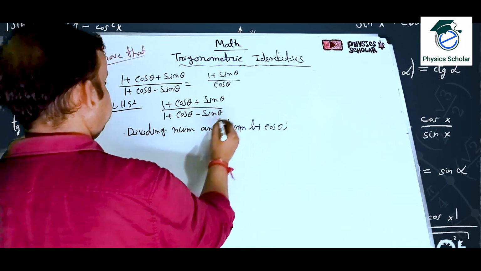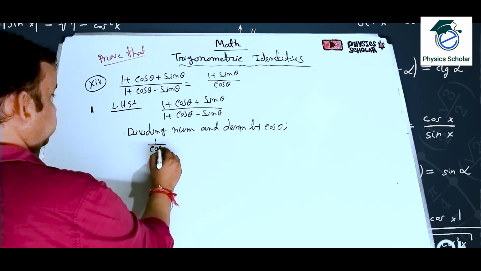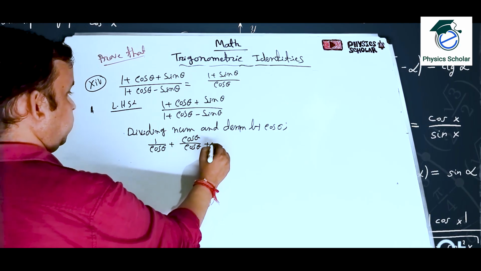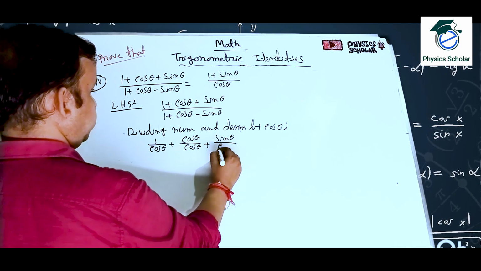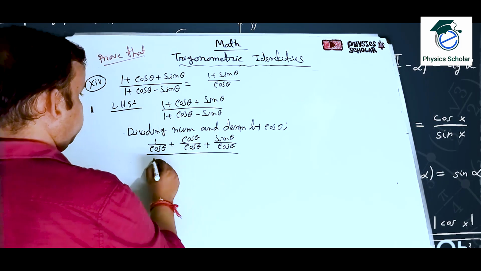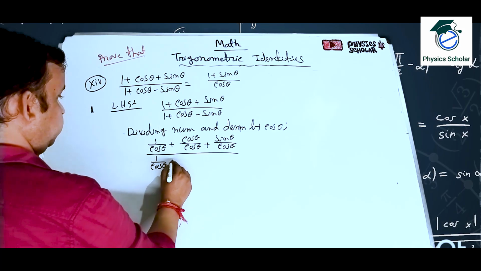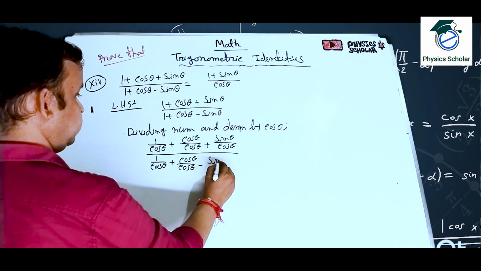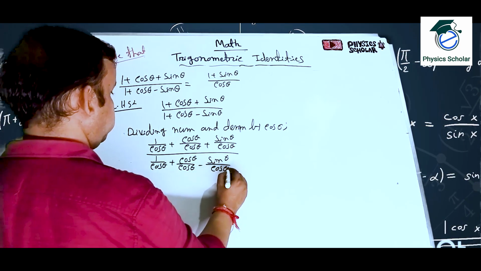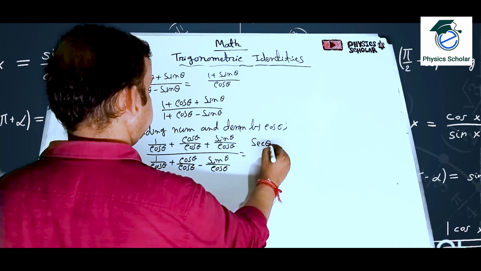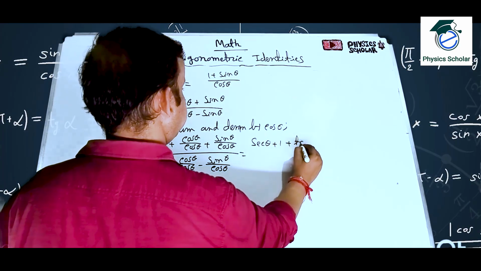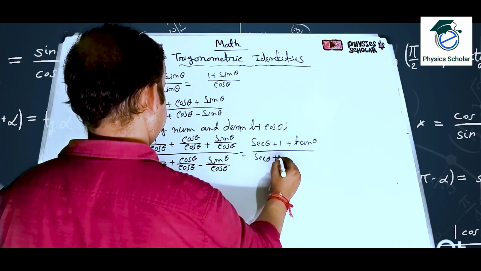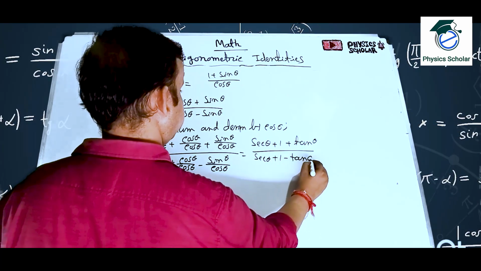So what you can write? 1 by cos theta plus cos theta by cos theta plus sin theta by cos theta, whole divided by 1 by cos theta plus cos theta by cos theta minus sin theta by cos theta is equal to what you can write? Sec theta plus 1 plus tan theta divided by sec theta plus 1 minus tan theta. So what we can write?